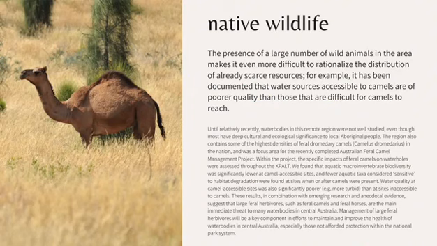The presence of a large number of wild animals in the area makes it even more difficult to rationalize the distribution of already scarce resources. For example, it has been documented that water sources accessible to camels are of poorer quality than those that are difficult for camels to reach.